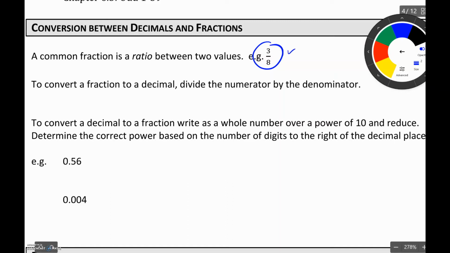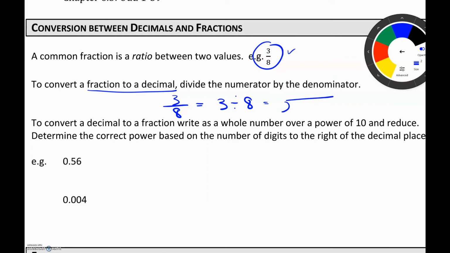Now to convert a fraction to a decimal, so for example 3/8, you simply divide the numerator by the denominator. So 3/8 actually means 3 divided by 8, or you could do it this way too if you are used to this mode of division. What you have here is 3 and you're dividing by 8.